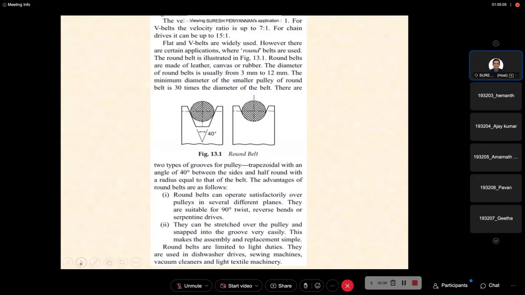See here, this is the round belt. Can you tell me where we are using this round belt? One simple example.